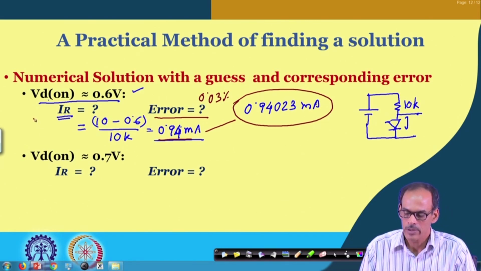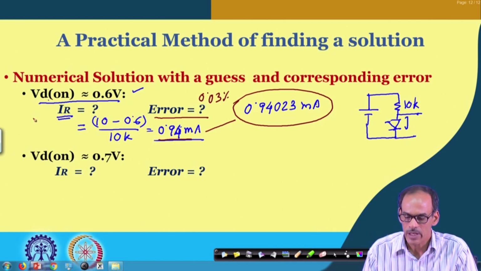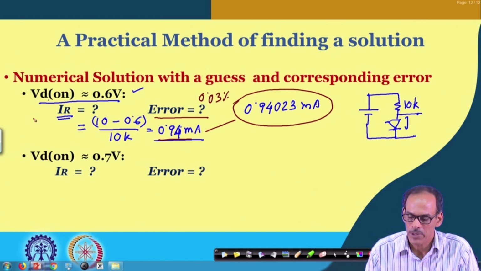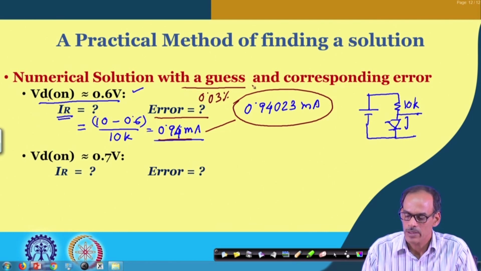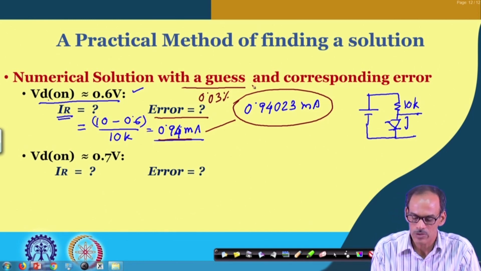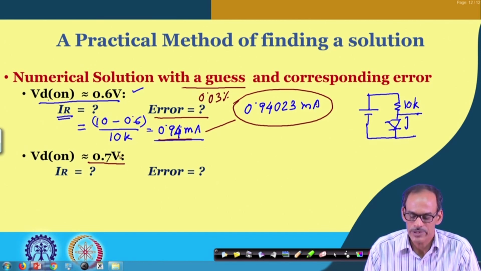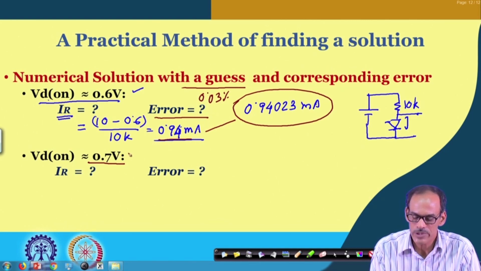This is of course one indication of how we are trying to get a practical method by virtue of a guess and proceeding by one iteration. But then some people may say that no, I do have a diode, it may be a silicon diode, but I know that its diode drop is roughly 0.7, and if you use 0.7 instead of 0.6, then also the corresponding value of this I_R is (10 minus 0.7) divided by 10 k.